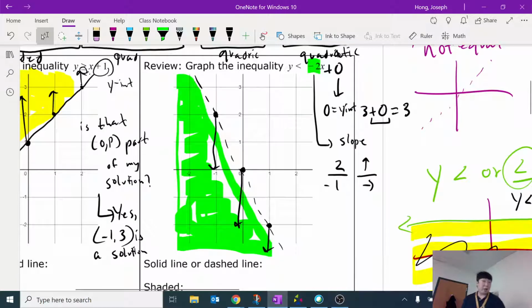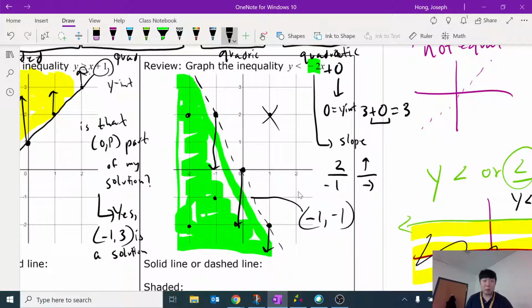So one thing I would probably ask you is, give me an ordered pair that is part of the solution. I can choose this point. I can choose that point. Sure, I can choose this. I cannot choose this because it's not part of my shaded area. So -1, -1, sure, which is this ordered pair right here, is a solution.